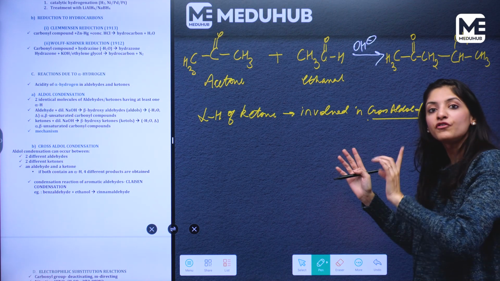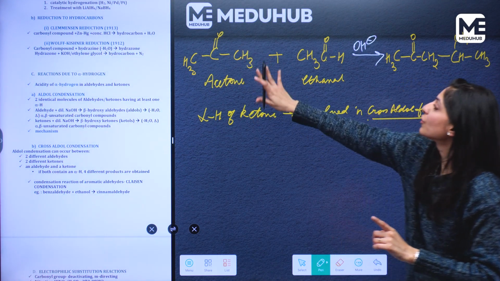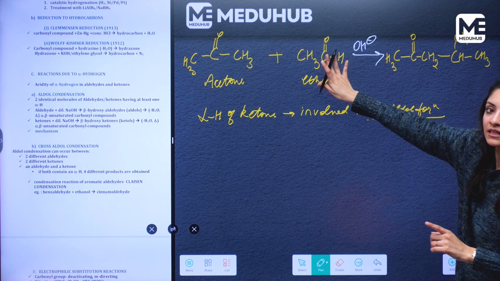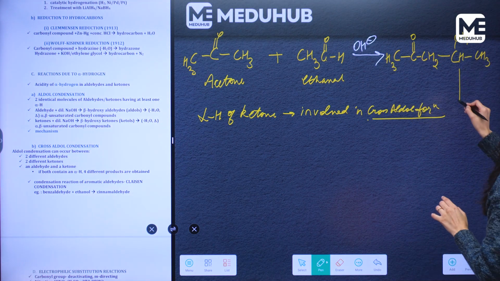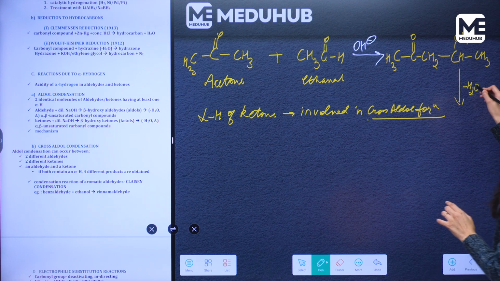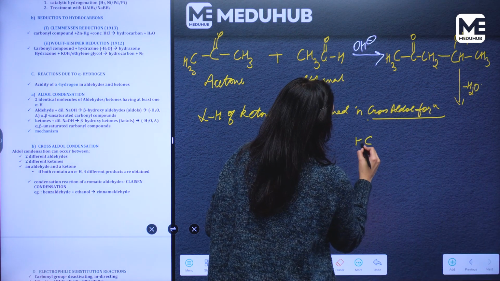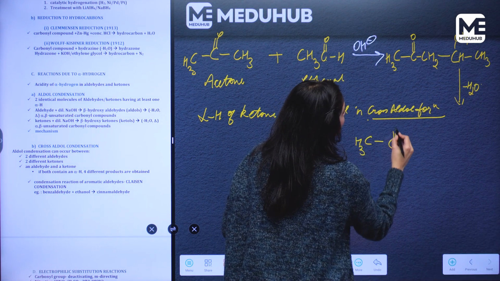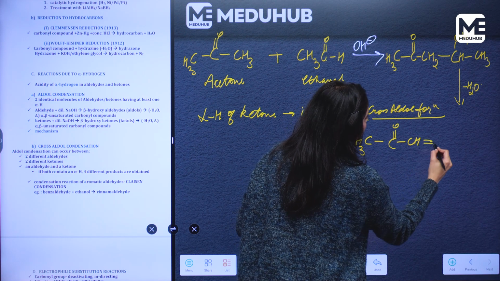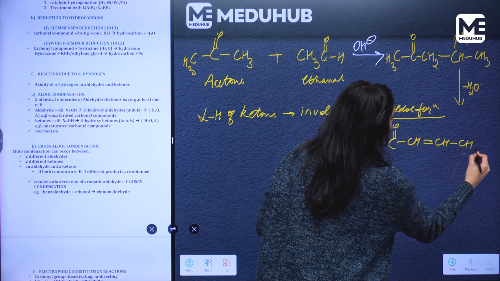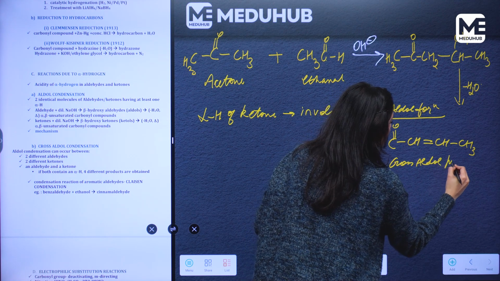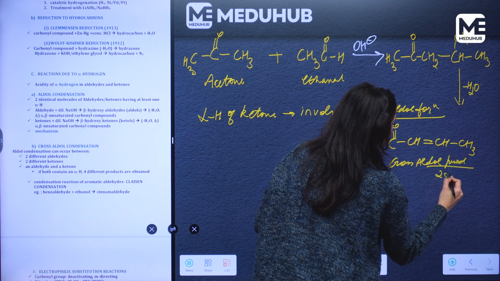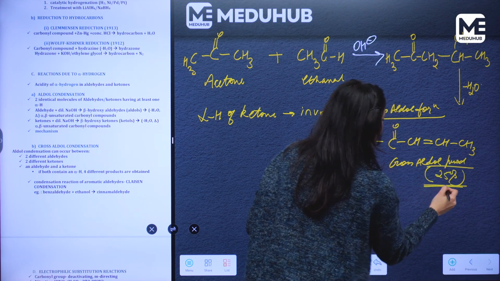This is apart from the simple aldol products between acetone and ethanol. The third product which will be formed will be this, which will lose a water molecule to finally give us this product. This will be the cross aldol product. It is formed around 25%.